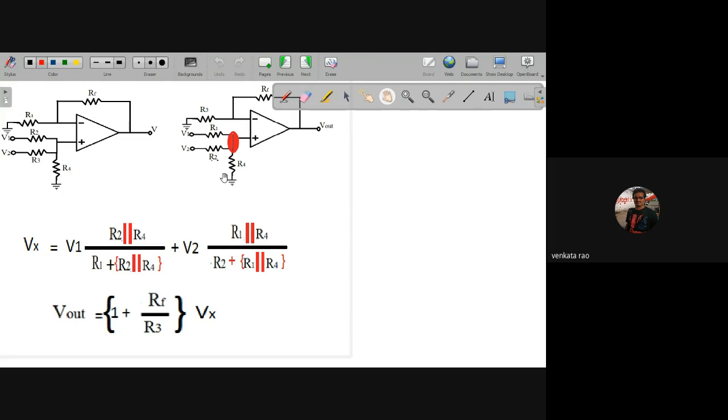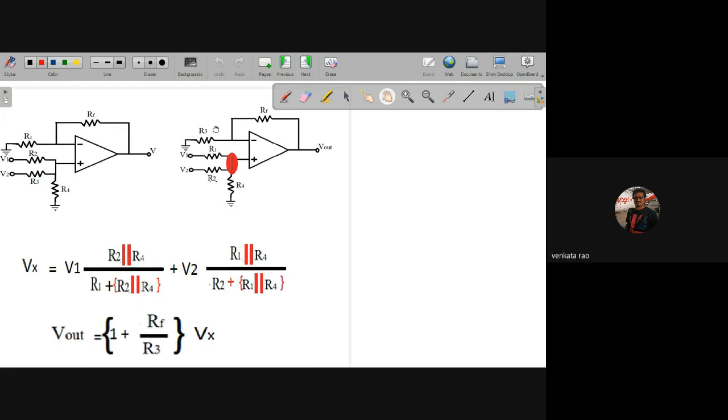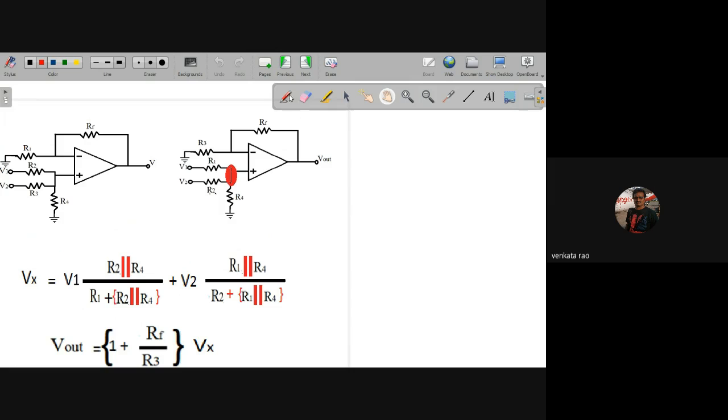Now, see this. In this circuit, let us take this voltage as Vx.